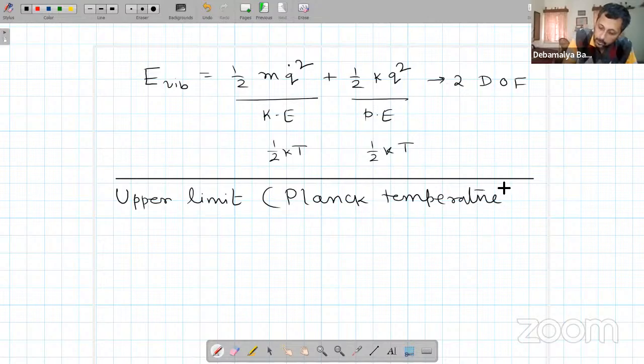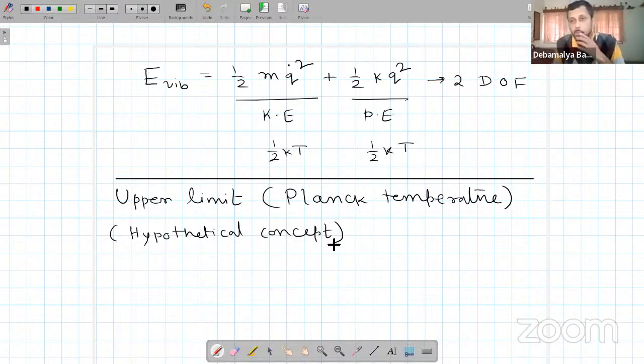Now, to begin with, it's a hypothetical concept so far. Once again, I am not the right person to talk about it, but whatever little knowledge I have about this, I can share.